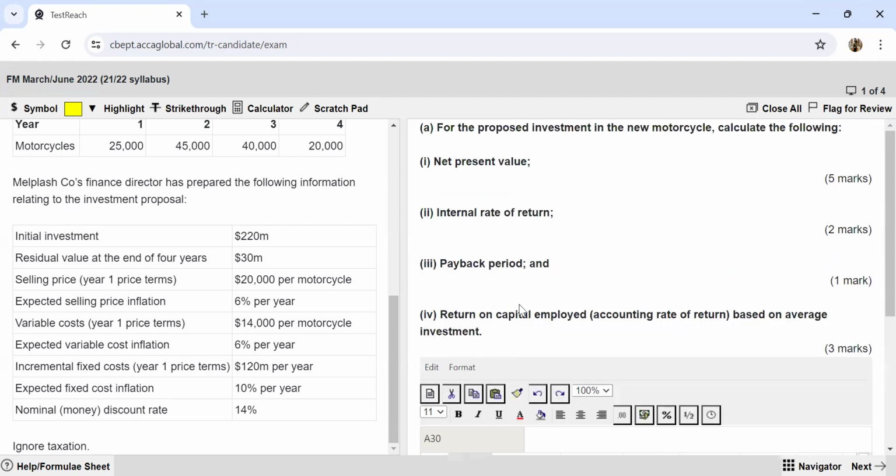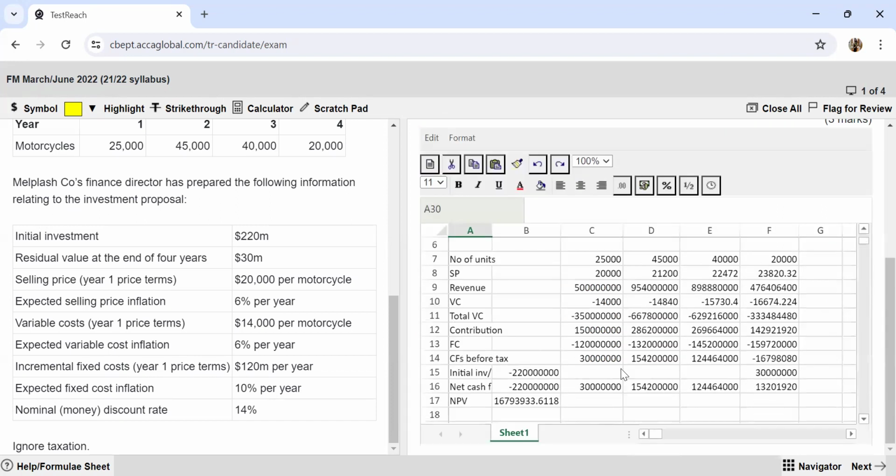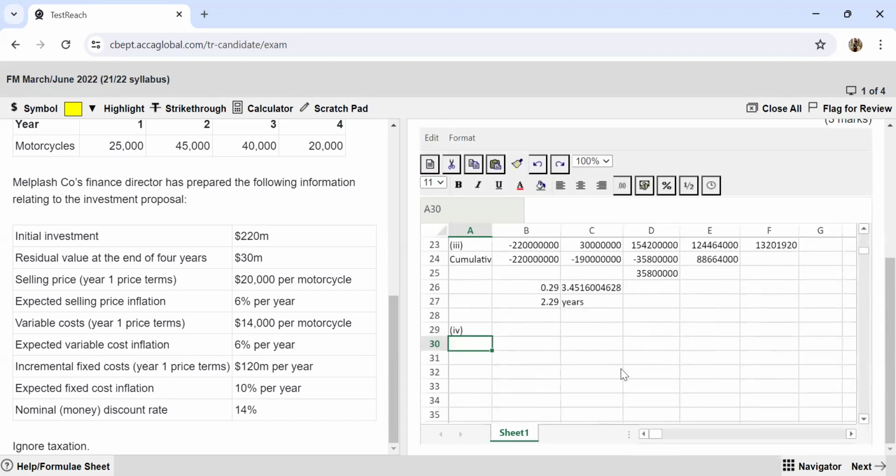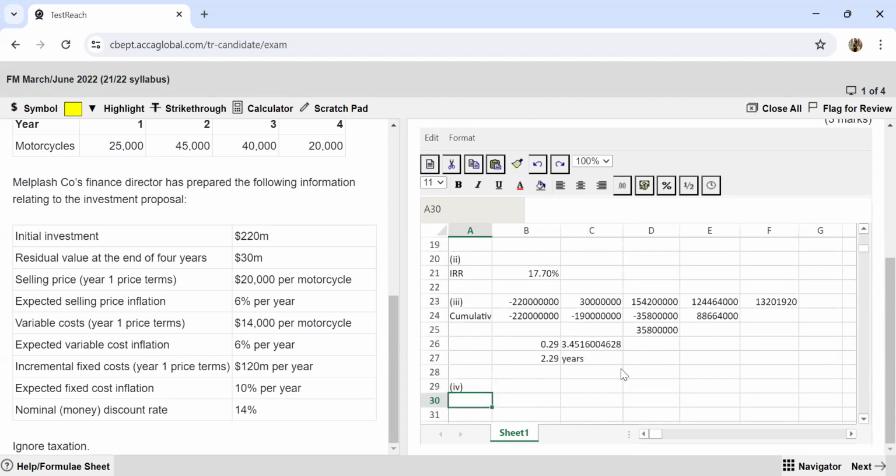Part 4 wants you to find out the return on capital employed, which is based on the average investment. There are a couple of things we need to work out before we can use the ROCE formula straight away. Let me first find out how much my profits are. These are all of the cash inflows that we have: 30 million, 154.2, 124.4, and then 13.2 million.